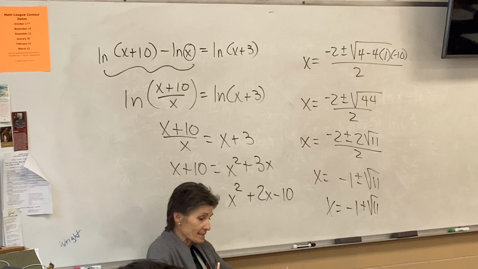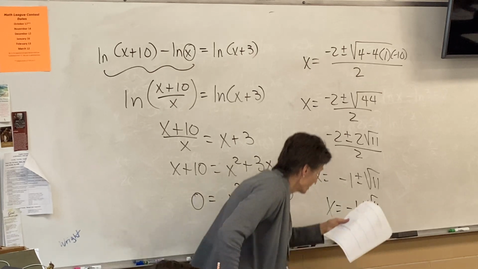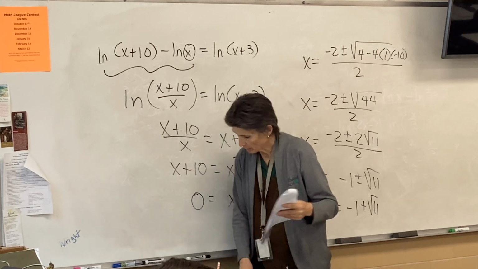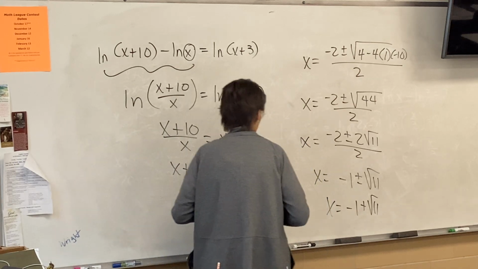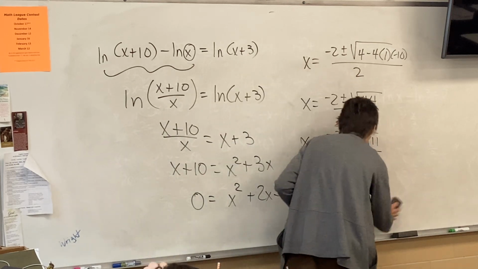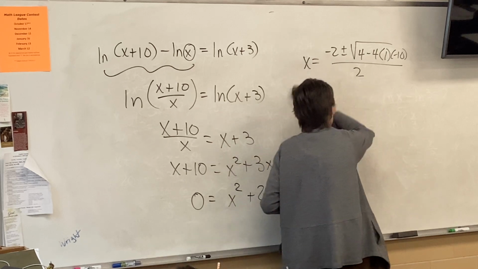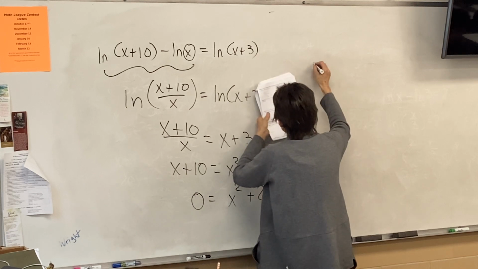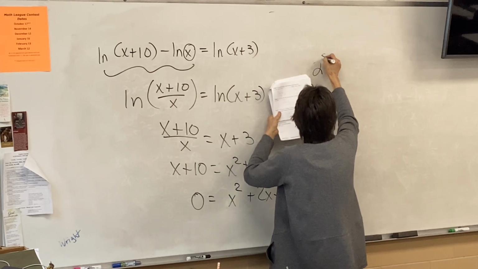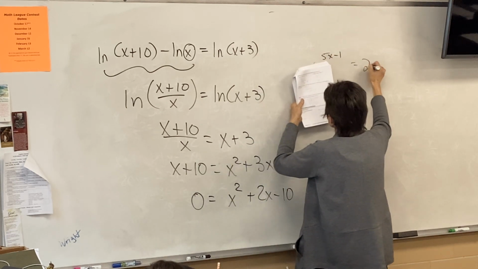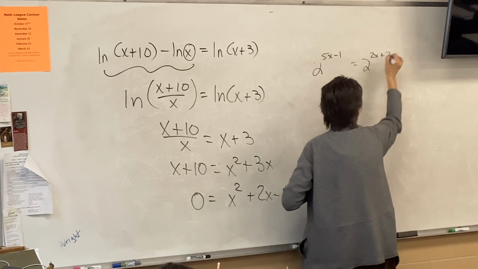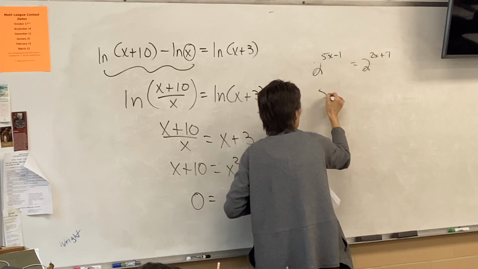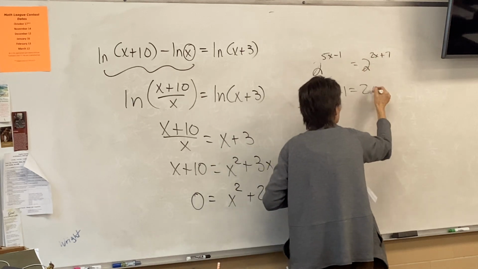All right, example 7, here we go. These are just like the ones we looked at earlier, except we have the exponential on both sides, which actually makes the problem easier, I think, because if 2 to the 5x minus 1 equals 2 to the 2x plus 7, can't we just skip the 2's and set the exponents equal to each other?